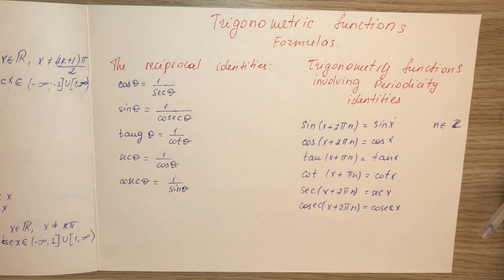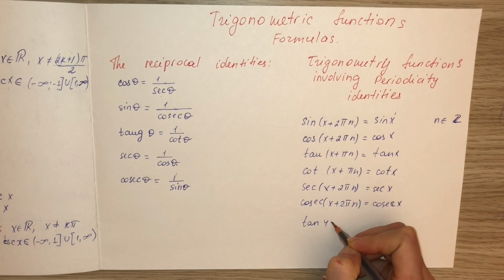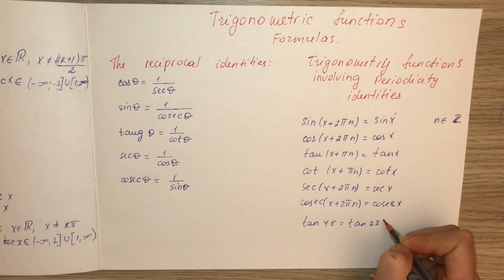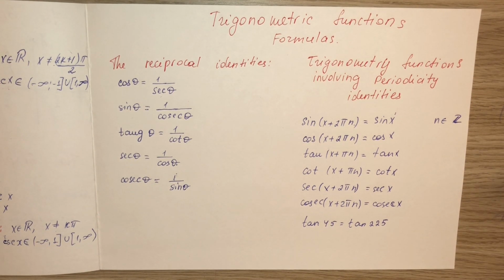This periodicity constant is different for different trigonometric identities. For example, tangent 45 is equal to tangent 225. But this is not true for cosine 45 and cosine 225. Refer to the above trigonometry table to verify the values.